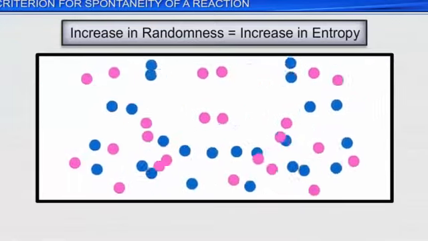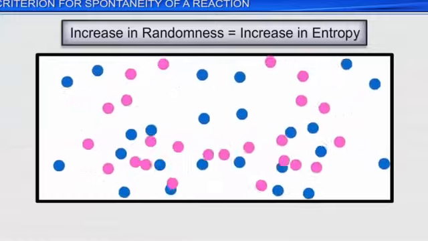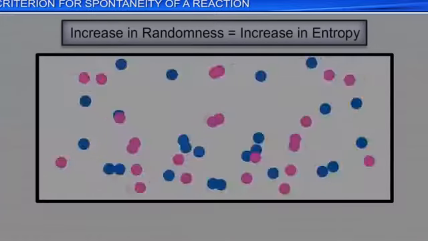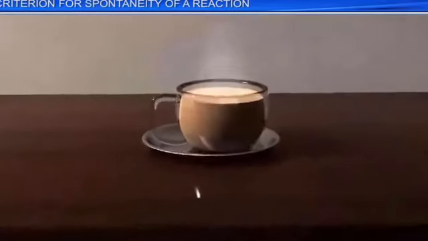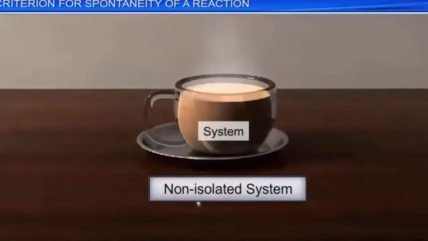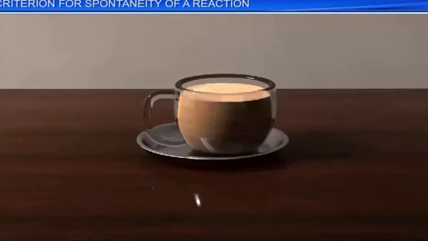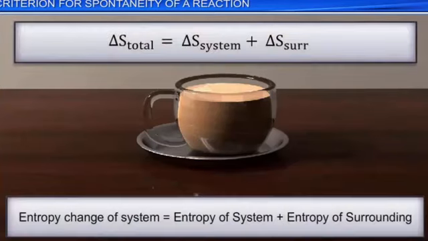Now, let's consider the example of cooling a cup of tea. This is not an isolated system, because there is exchange of matter and energy with the surroundings. Hence, the entropy change for a non-isolated system will be the sum of the entropy change of the system and the entropy change of the surroundings.